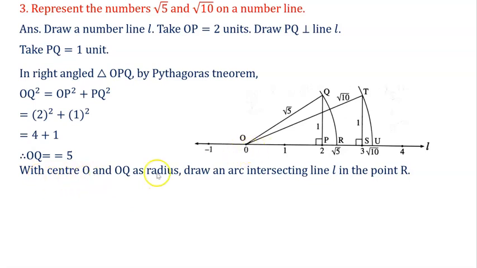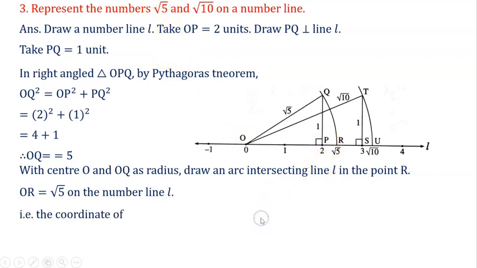With the center O and OQ as a radius, draw an arc intersecting line L. Here we take O as the center and OQ as the radius. Draw the arc intersecting the line L at the point R. Here OR is equal to root 5 on the number line, and hence we have represented root 5 on a number line.